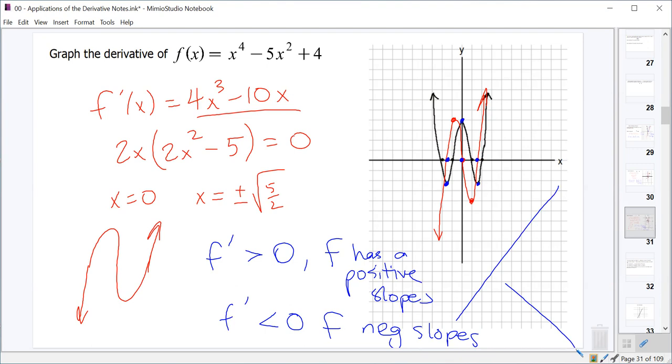We got one more thing that would be good to notice, and it has to do with the concavity of our functions. So we'll actually start here this time on this 4th degree function. Our original function is concave up on this interval, and then right here, it switches and becomes concave down.